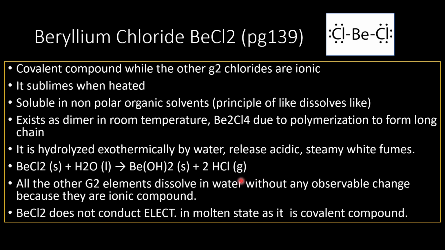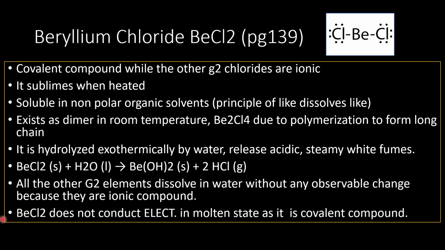This gives acidic properties to the water when beryllium chloride dissolves in or reacts with water, because it produces HCl, which is acidic. As I mentioned earlier, the other group 2 chlorides dissolve in water without any observable change because they are ionic compounds, the same as the principle of like dissolves like.